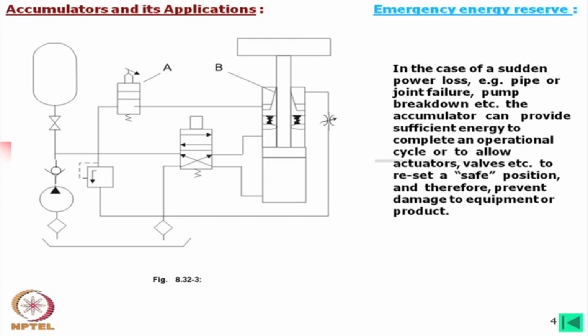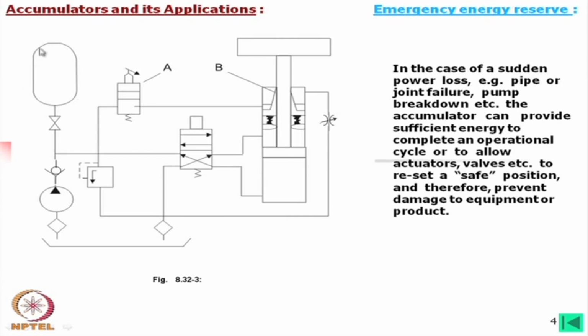Now, what is in this circuit? What we find is that there is the pump, this is of course the filter and this is the reservoir from where the oil is being pumped through a non-return valve or check valve. Okay, this is very schematic, it might be with spring, without spring, and then in that line, an accumulator is fitted.